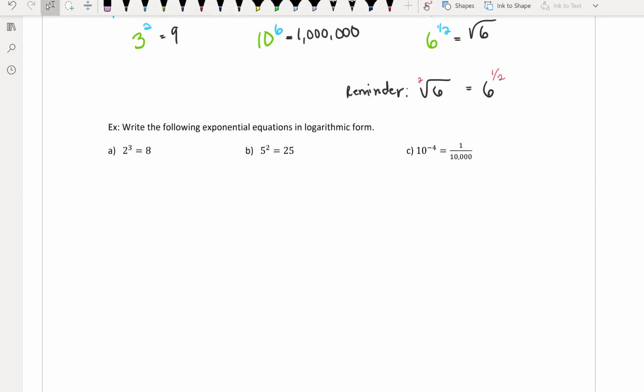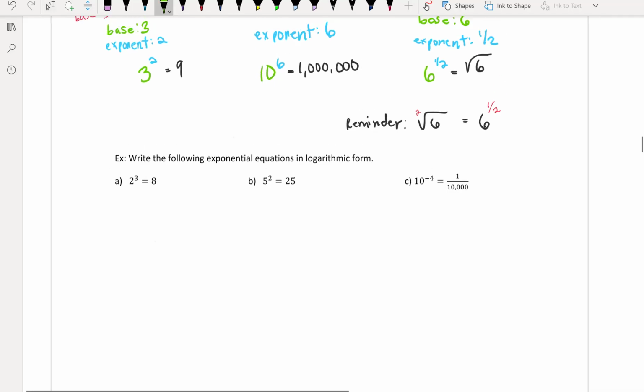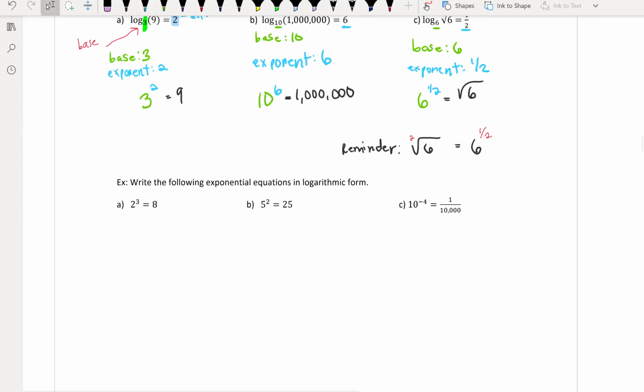Now we're going to do the opposite. We want to write the exponential equation as a log. Same thing here. I'm going to try to use the same colors. I know that my base is 2. I also know that my exponent is going to be 3.